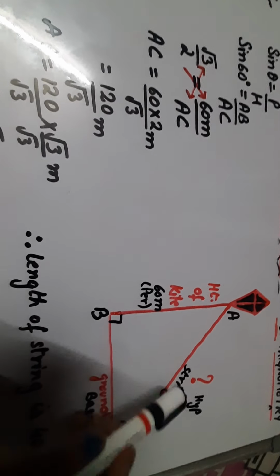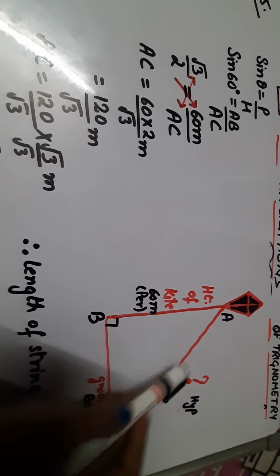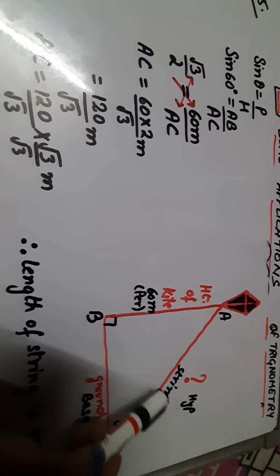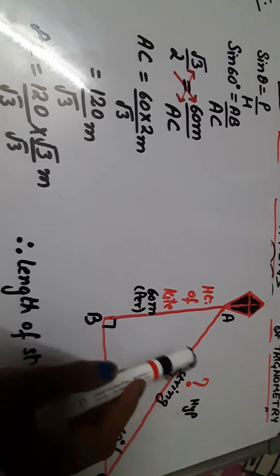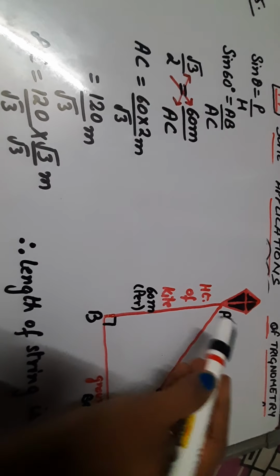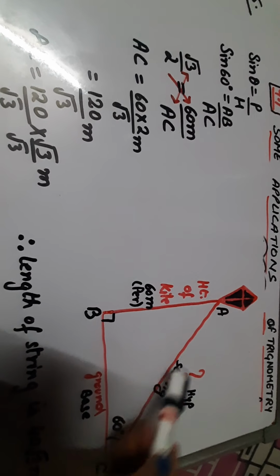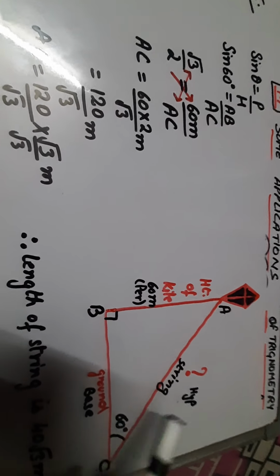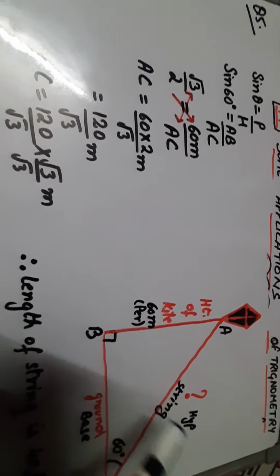And now we need to find out the length of the string, means डोर कितनी लंबी है हमें वो find out करना है. Assuming that there is no slack in the string, means कहीं पर भी कोई नॉट या कोई वेव नहीं आ रही है स्ट्रिंग में, बिल्कुल स्ट्रेच्ड है स्ट्रिंग, बिल्कुल स्ट्रेच है, बिल्कुल खींची हुई है.